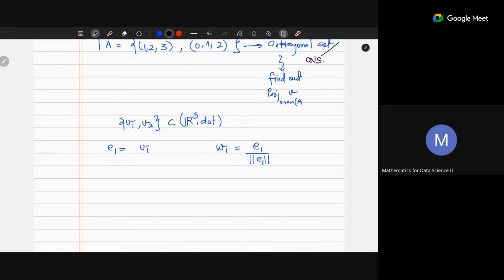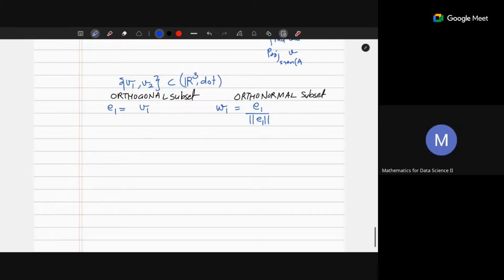Here I'm constructing the orthogonal subset, here the orthonormal subset. So the very first step is you take your E1 to be just V1 itself for orthogonal. And for orthonormal, you need to have it unit length, so you divide it by its norm.